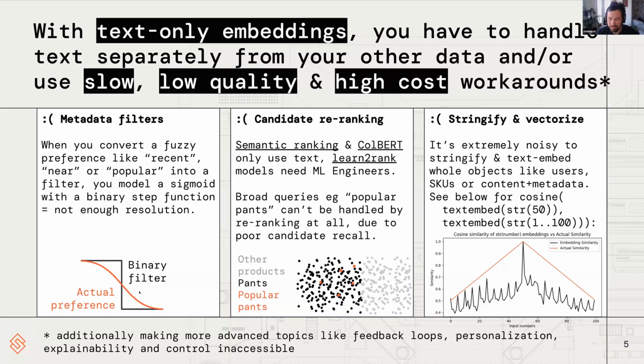If you try to model that with filters, you are using a very crude step function to approximate that smooth bias, right? So you'll have a loss there. So I think filters are overused. We should be thinking about mixing signals in a smoother way somehow, right? So that's one area that I think is problematic.